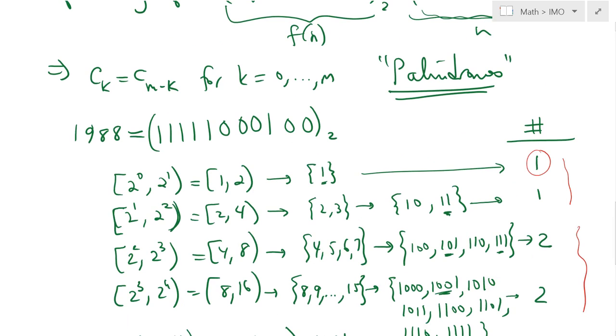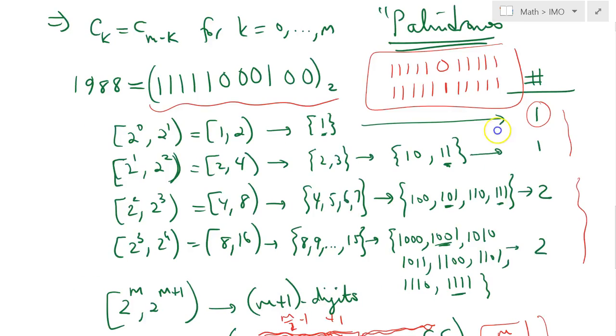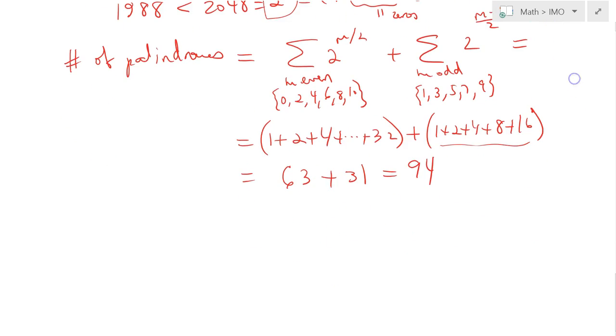Oh yeah, okay, so namely the palindromes in this range are those which are 1 1 1 1 1 0 1 1 1 1 1, or 1 1 1 1 1, and then in the middle I put a 1 1 1 1 1 1. So these are the 2 palindromes which are greater than 1988 but still strictly less than 2048. So therefore I need to subtract 2 to come to the final count of 92.